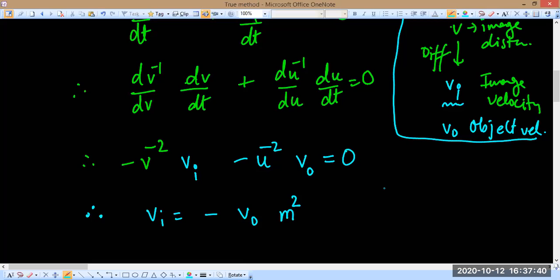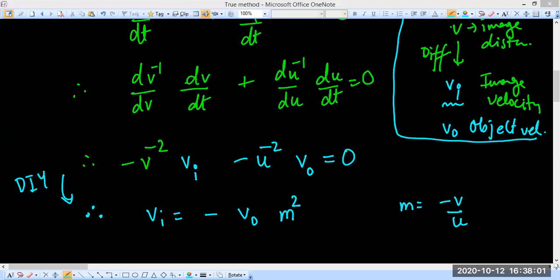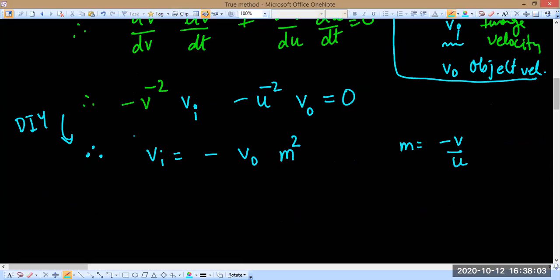આ m square ક્યાંથી આવી ગયું? m is equal to minus v by u. બરાબર ને? આની વચ્ચેના સ્ટેપ તમારે કરવાનો. Do it yourselves. કંઈ છે નહીં, સિમ્પલ મેથ્સ જ છે. Okay, so remember this formula.